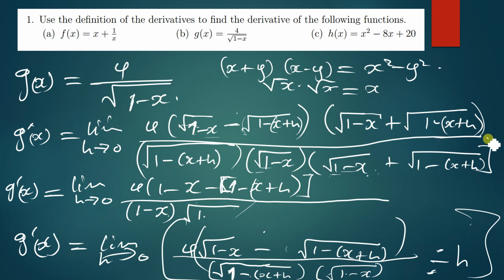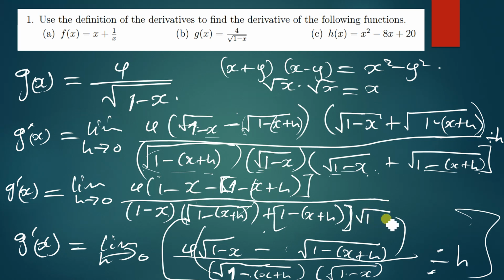And don't forget that all these expressions are being divided by h. Okay, so multiplied by that, and then this part times this, we're going to have what is inside there multiplied by that. So we say plus what is inside there, 1 minus x plus h, times the root of 1 minus x.